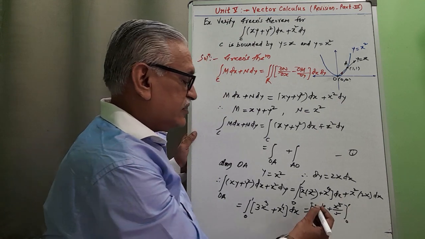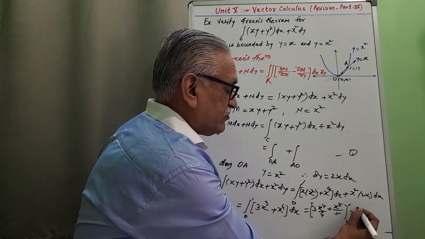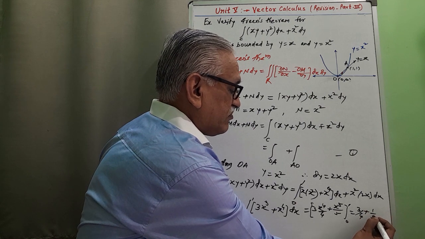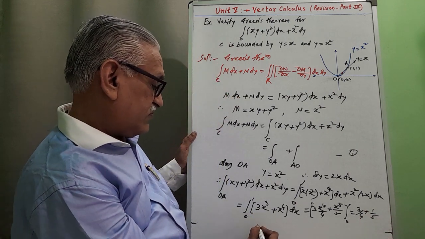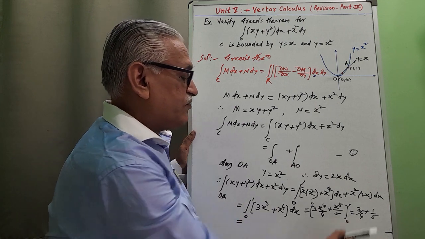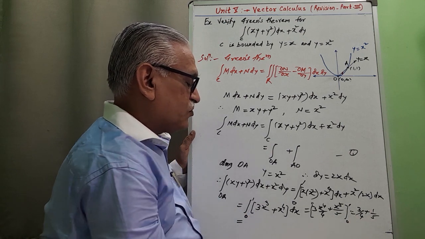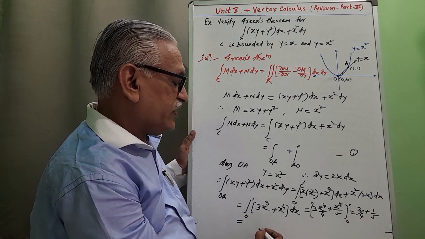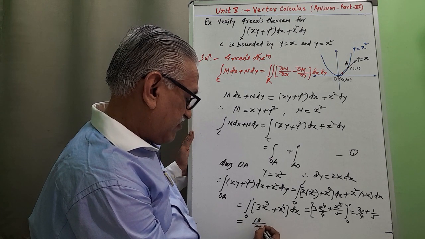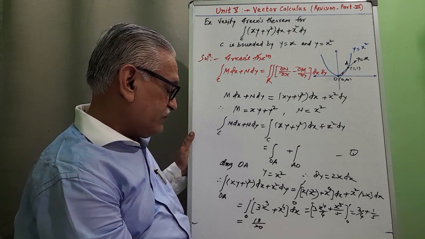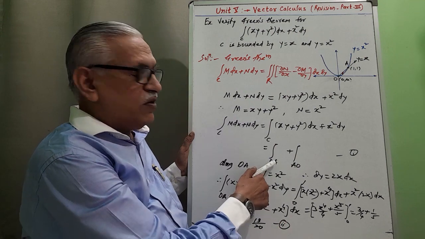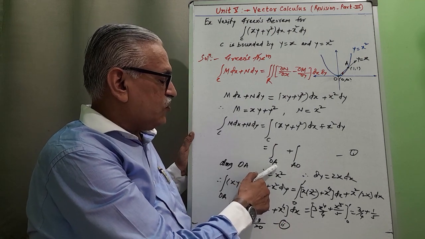Substituting the upper and lower limits, for the upper limit it becomes 3/4 + 1/5. Taking LCM 20, 15 plus 4 is 19, so 19/20. That is the value. We call this equation 2, the value of the first line integral over the path OA.